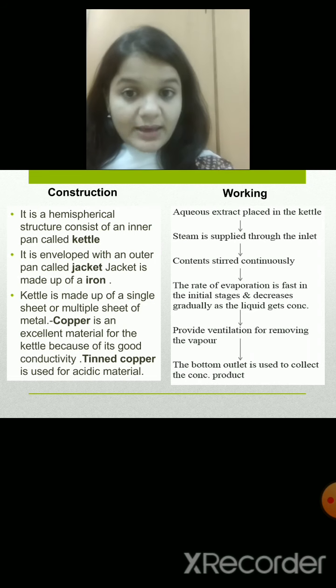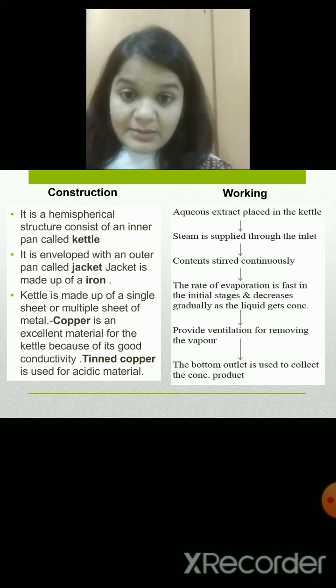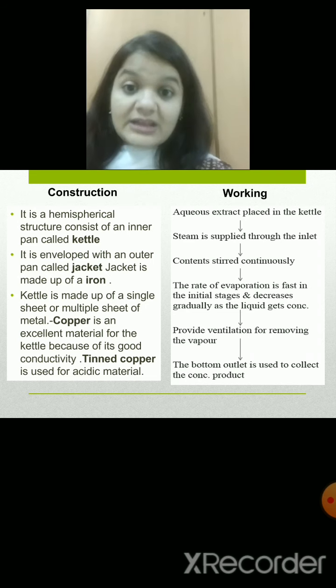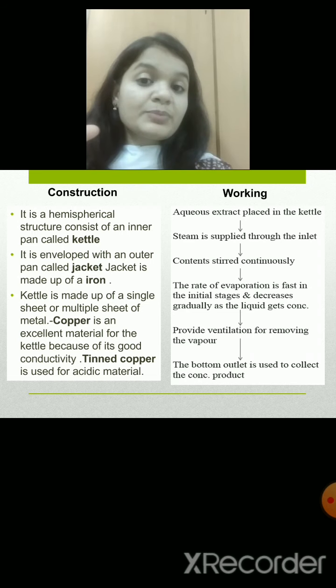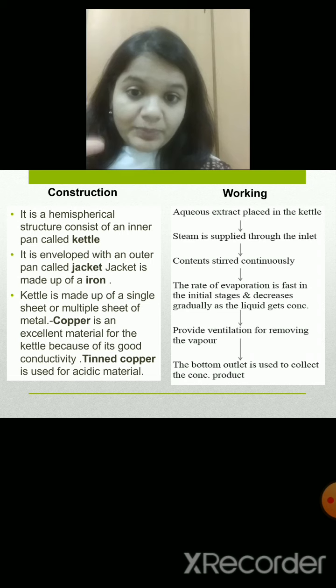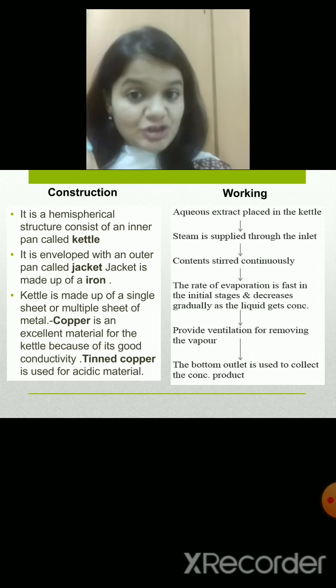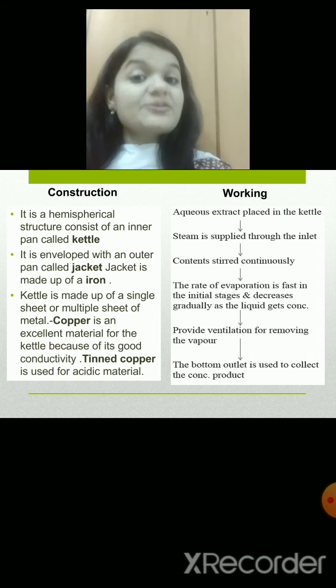Now, working. Aqueous extract is placed in the evaporating pan. Steam is supplied through the inlet. The steam is supplied between the hollow path where the jacket and the kettle are joined together. Now, the content is stirred continuously so that the evaporation process is increased and becomes faster.